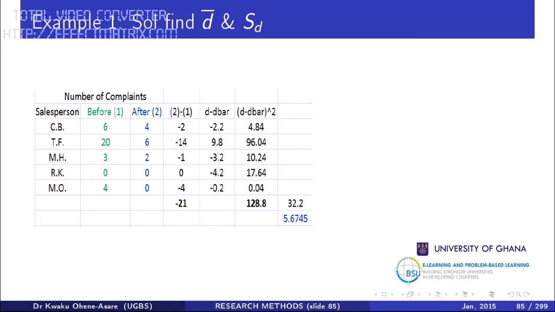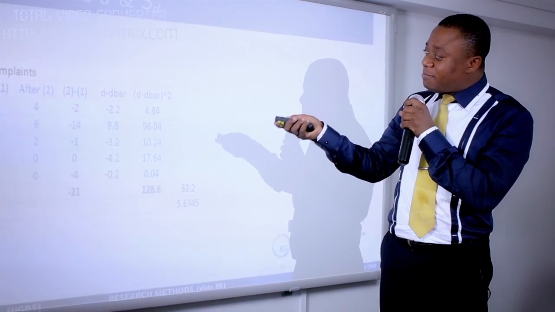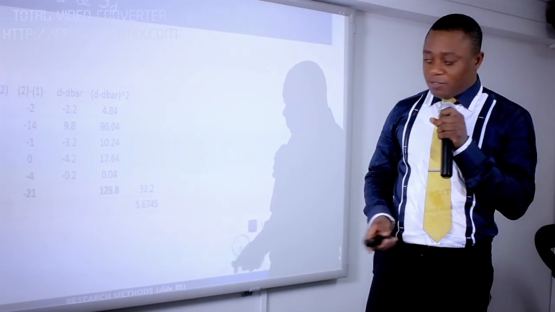I've deliberately made some few changes here so that when students are actually writing it, they will not think that this is it, because I've deliberately made some errors here. But at the end of the day, the values you will have on the d bar square will be the same. But watch, the values you will have here will not necessarily be the one you had. If you can remember, the values in the d minus d bar column are slightly different from the one we had. If you check it carefully.